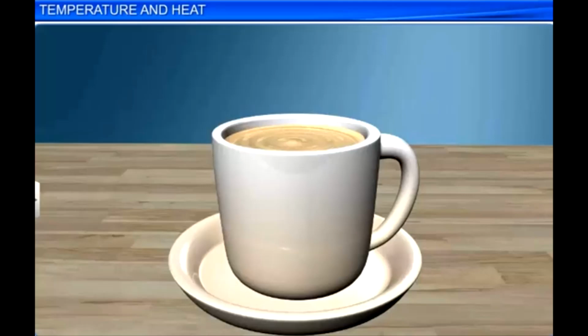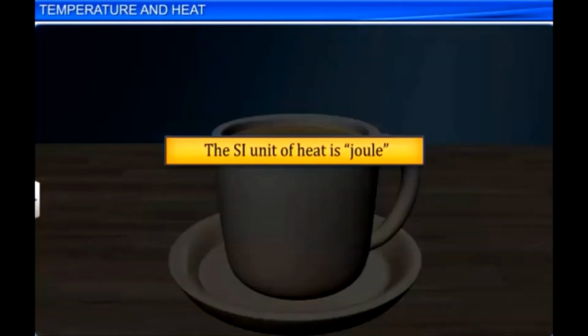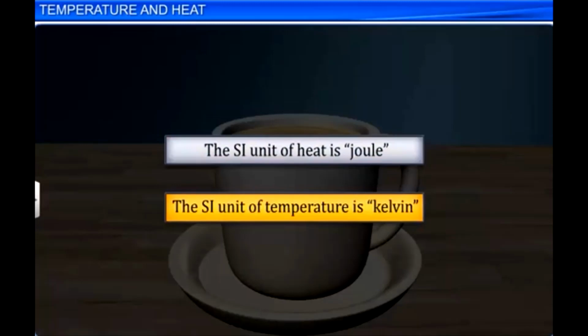That means when the teacup is in thermal equilibrium with the surroundings, it is at the same temperature as that of its surroundings. In the SI system, heat is measured in joules and temperature is measured in Kelvin.